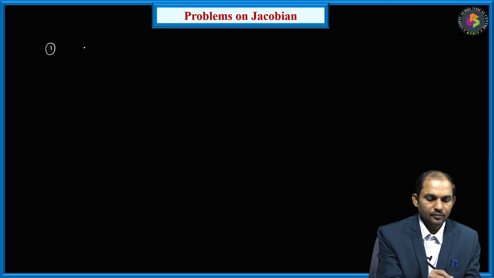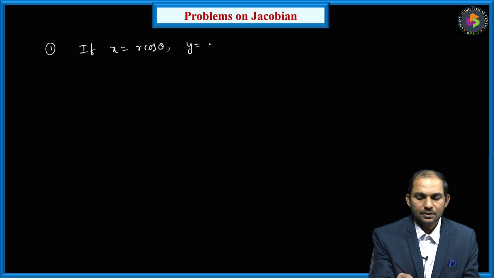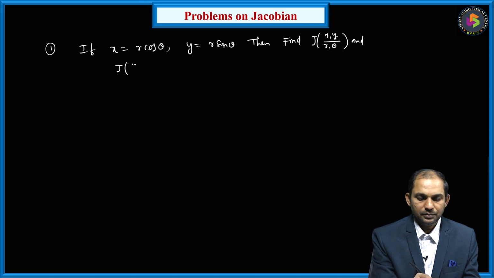First problem, if x is equal to r cos theta, y is equal to r sin theta, then find Jacobian of x comma y with respect to r comma theta and Jacobian of r comma theta with respect to x comma y.